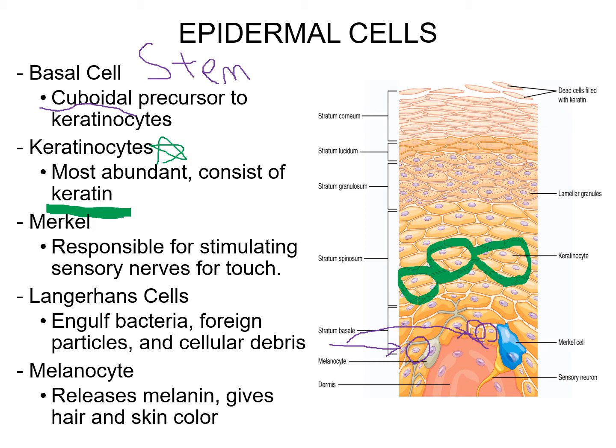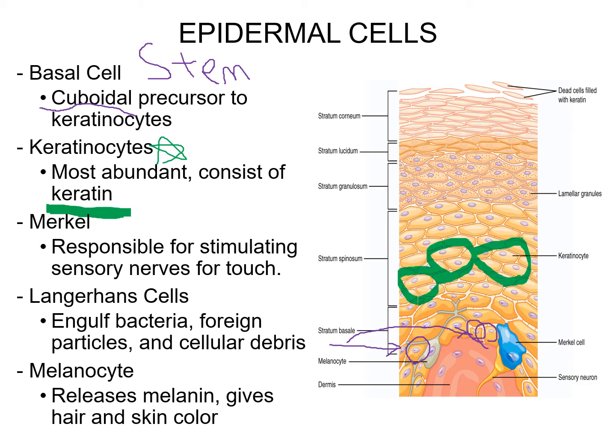And what we're actually going to do is purposely kill the live cells in our skin and our epidermis. And how we're going to do that is we're just going to pump them full of keratin. And basically keratin is going to kind of take over the entire cell to the point where the nucleus and the mitochondria and the Golgi apparatus no longer work. And therefore, if those organelles aren't working, they die.